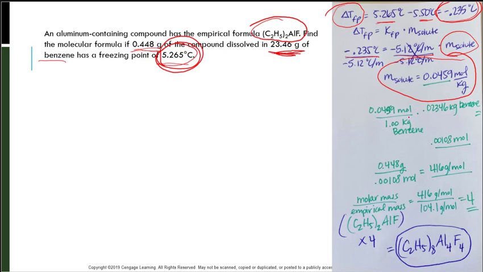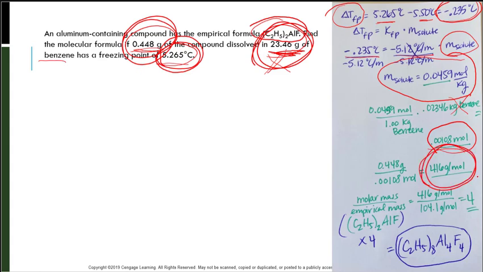We found the molality. We need to get rid of that kilograms of benzene. So I'm going to times it by 0.02346 kilograms, changing those grams into kilograms. That gave me moles of my solute. And again, I'm going to take my grams of solute divided by moles of solute to figure out my molar mass.